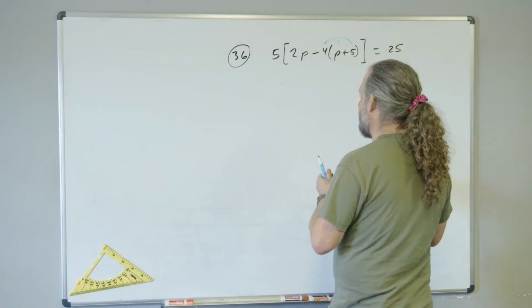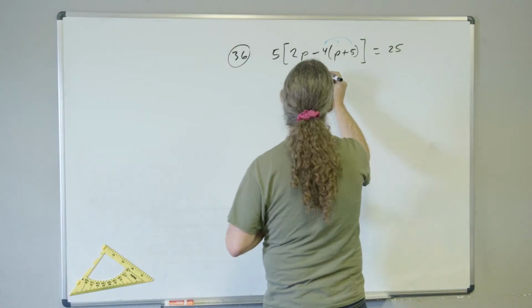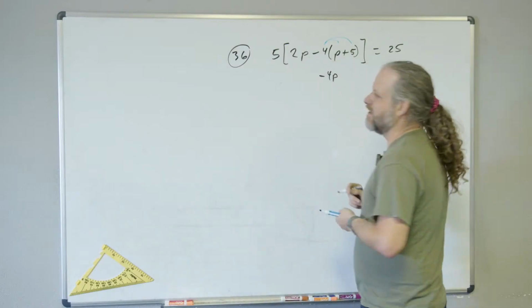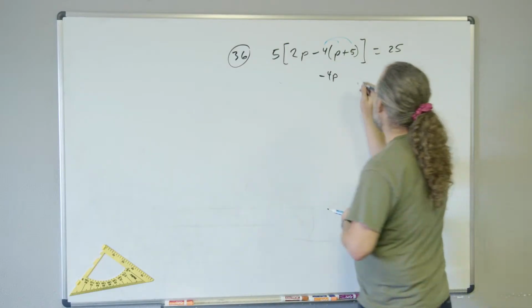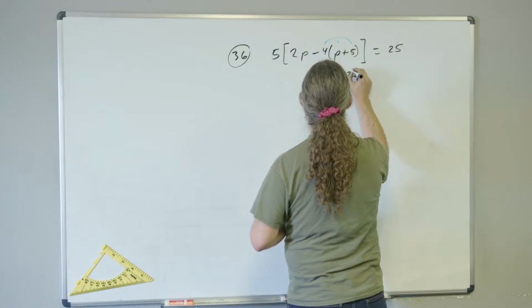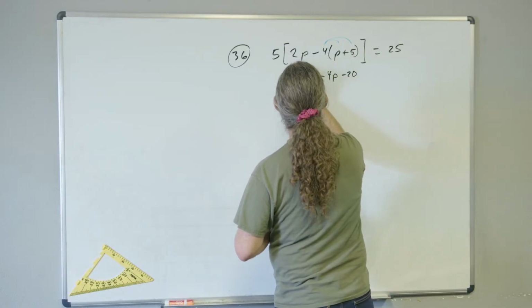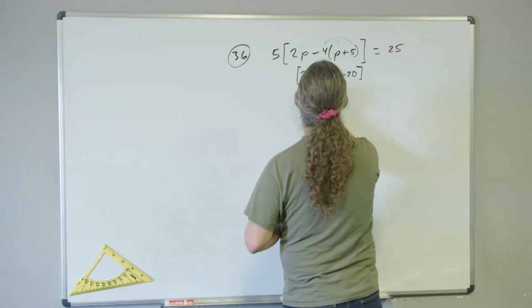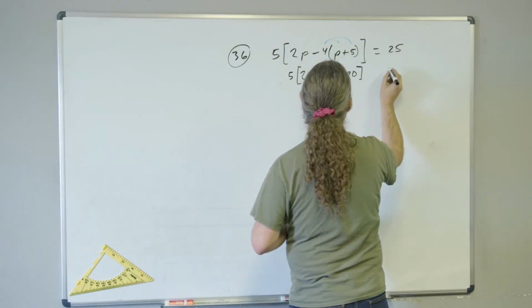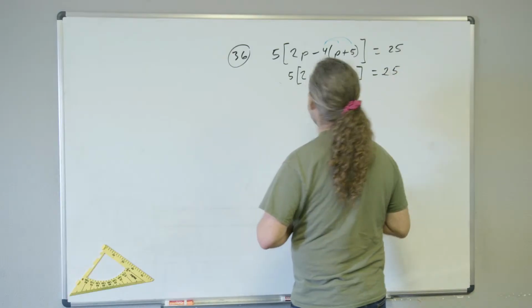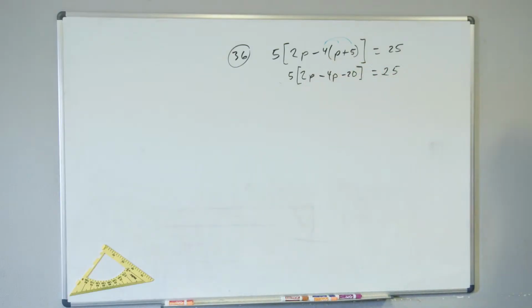What is negative 4 times p? Negative 4p, right? What is negative 4 times 5? Negative 20. This path that we're on would not have been the first step I would have taken, but it's a perfectly acceptable thing to do.